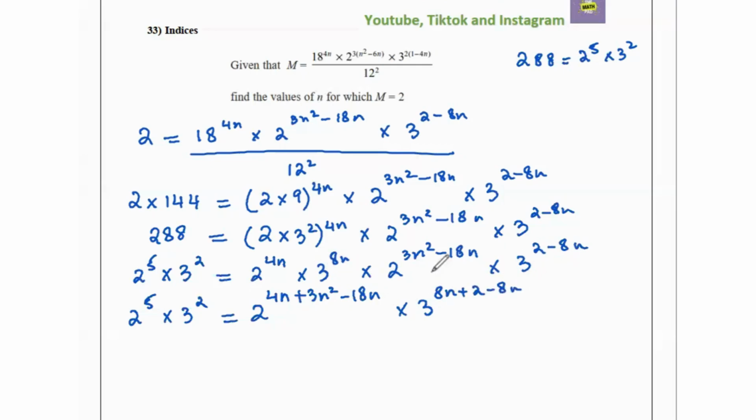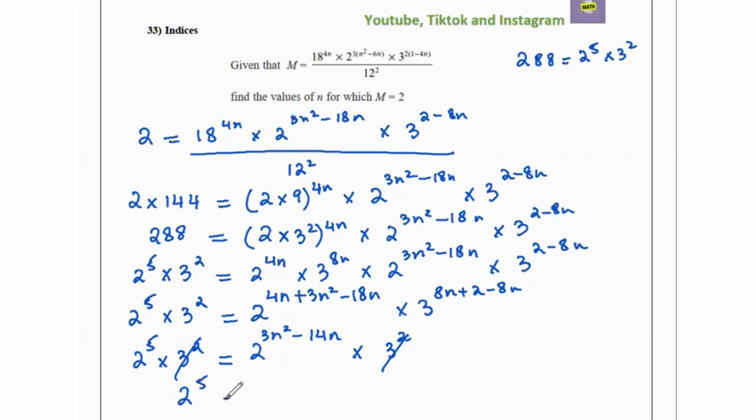Same bases being multiplied, add the powers. So this is 2 to the power of 3n squared minus 14n, and this is 3 to the power of 2. 3 to the power of 2 gets cancelled out because they're being multiplied on both sides. 3 to the power of 2 divided by 3 to the power of 2 would be 1.